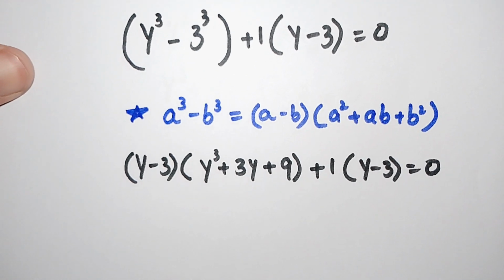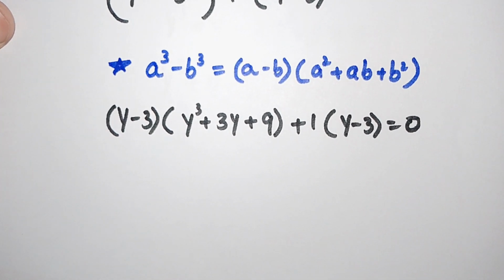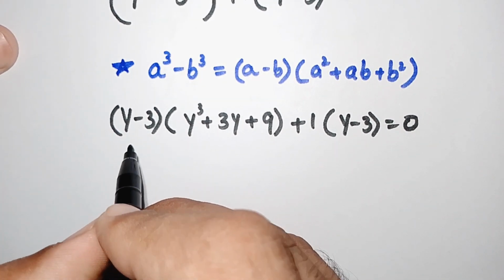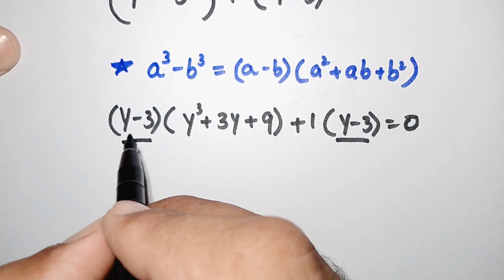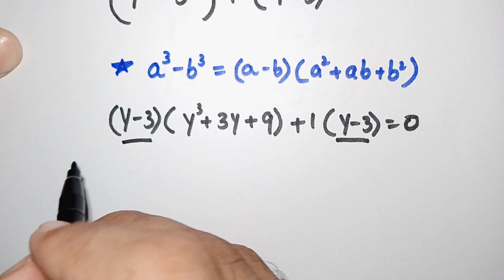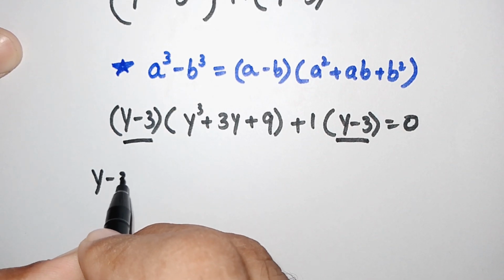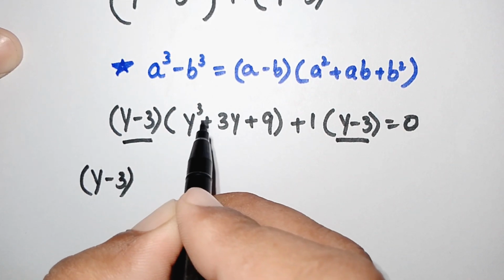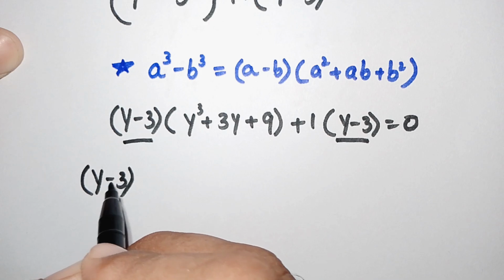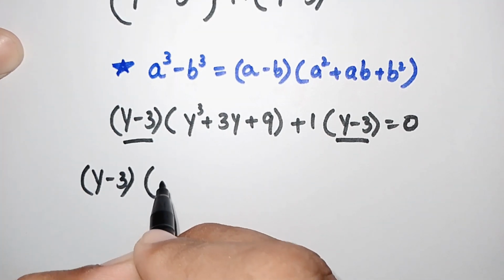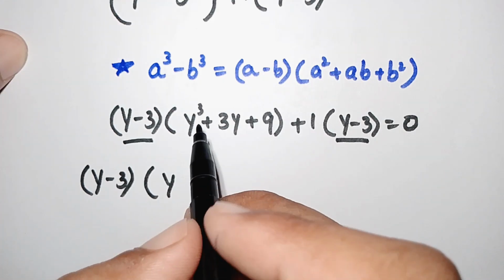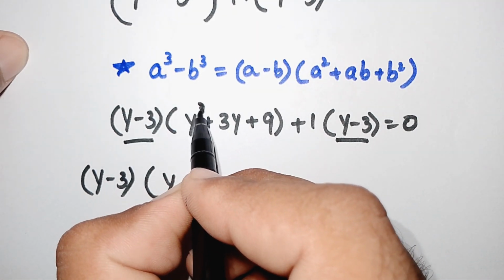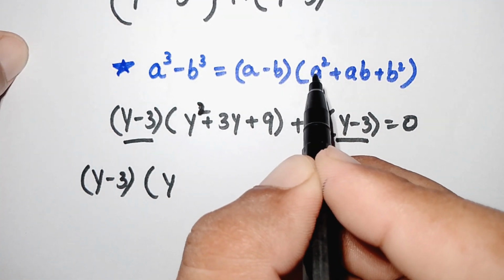Now, to solve this, we have to take y minus 3 common from these. So here y minus 3 and y minus 3 are common. So we have to take y minus 3 as common. Sorry, this is y square according to this formula.